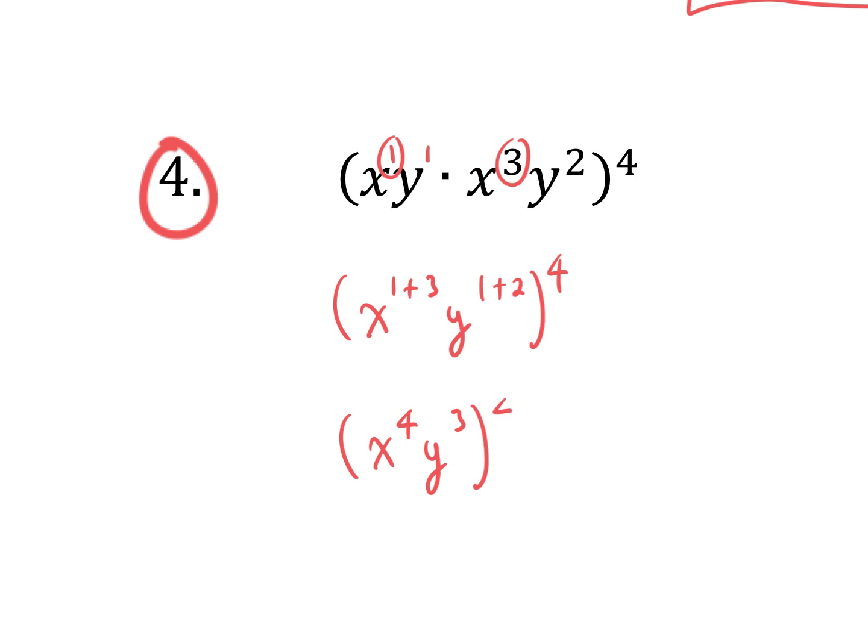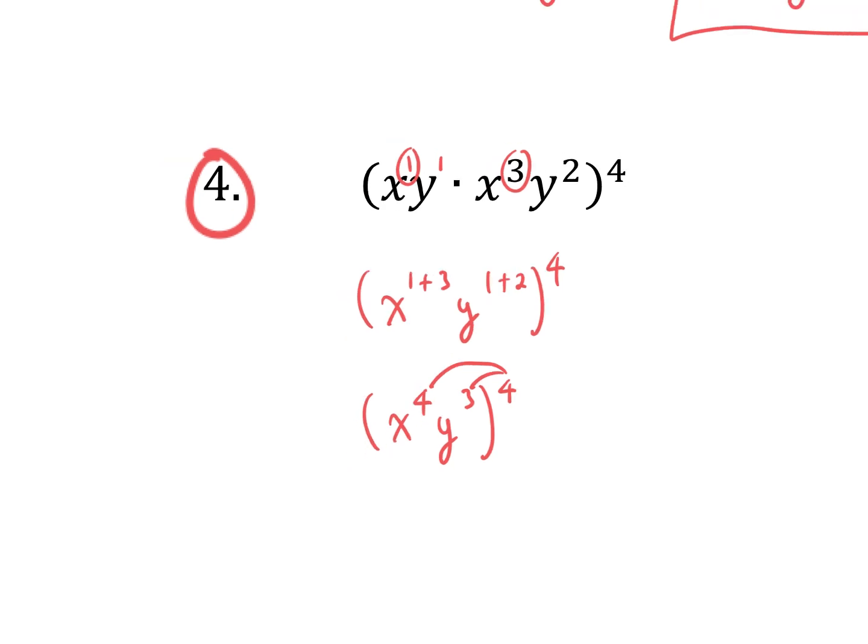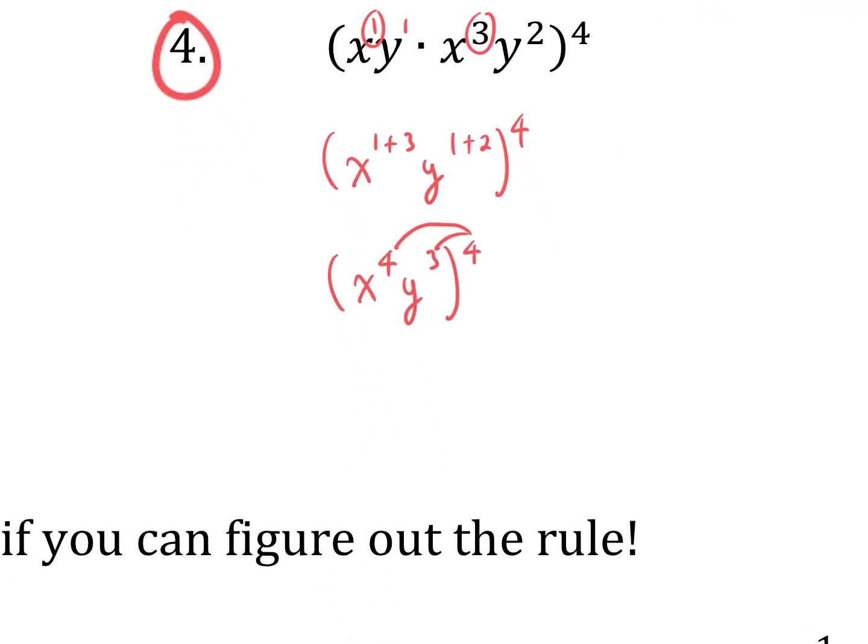And now we can apply the 4 outside the parentheses to everything inside the parentheses. We can do x to the fourth to the fourth and y to the third to the fourth. So when we get that, we're going to get x to the what? 4 times 4. I'll kind of show that here. And y to the 3 times 4, which is going to equal x to the 16th, 4 times 4, and y to the 12th.